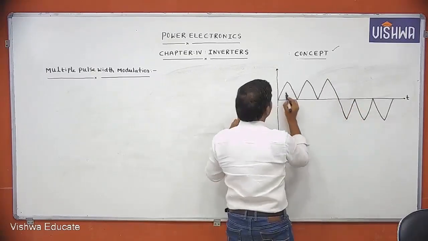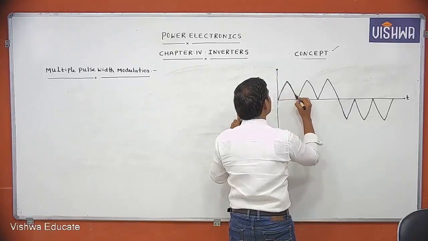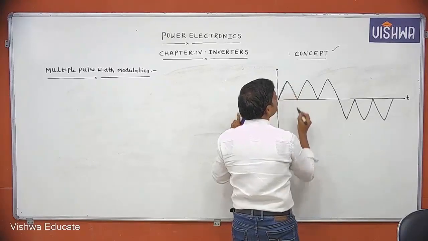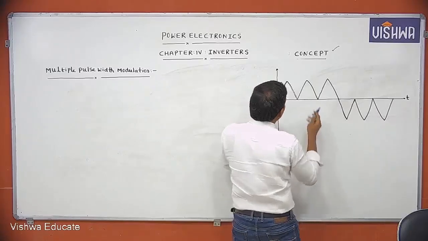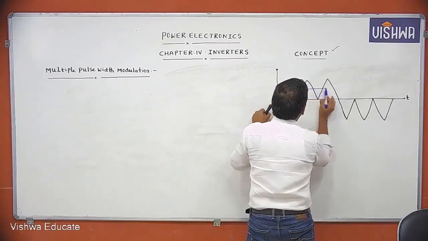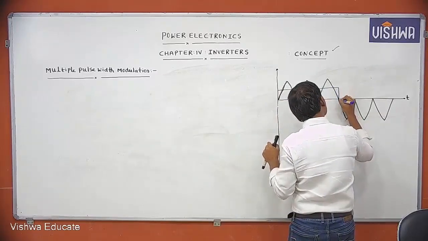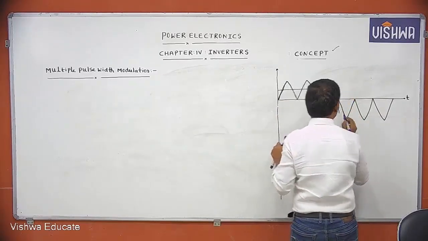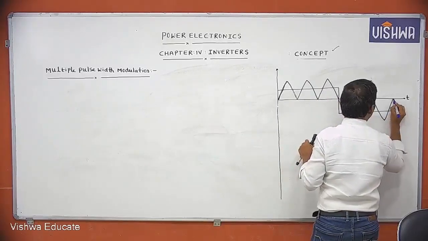This is the reference wave and this is the carrier wave. Now take the rectangular wave as the reference, one cycle of reference wave. These two are applied to the comparator.